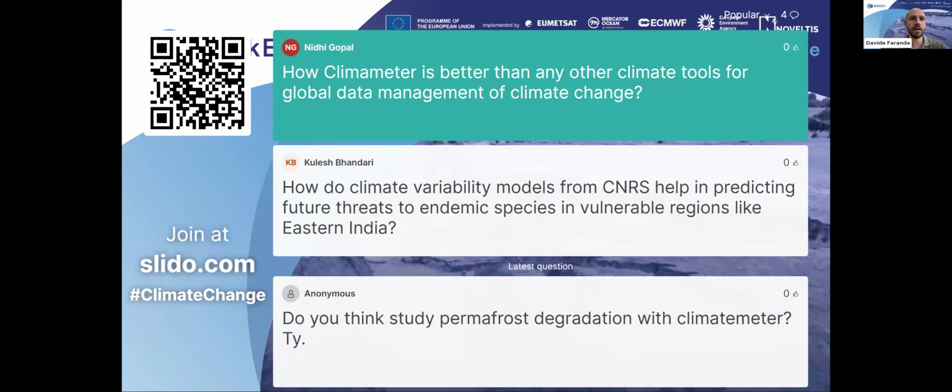So in fact, the advantage of climameter with respect to the other methodologies is to have this physical interpretability of the changes, because we have at the same time all the hazards and we link them to the meteorological conditions that produce them. But it doesn't mean that other methodologies that are based on looking, for example, at changes in the hazard are not useful.